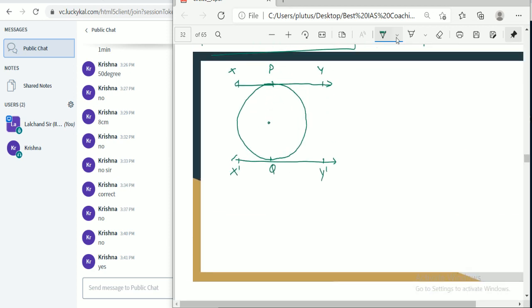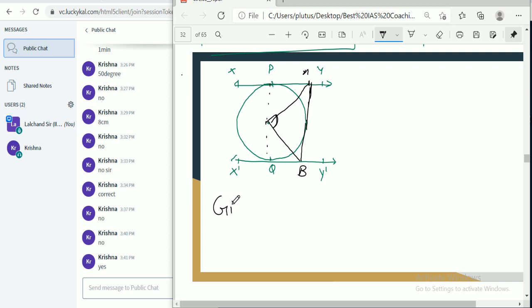So here we have point A. From A we have a tangent like this, and here we have point B. So if we join this, we need to prove this angle as 90. If we join these two, this is the diameter. So how can we prove this angle as 90?